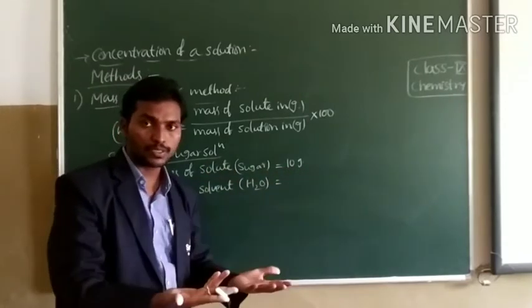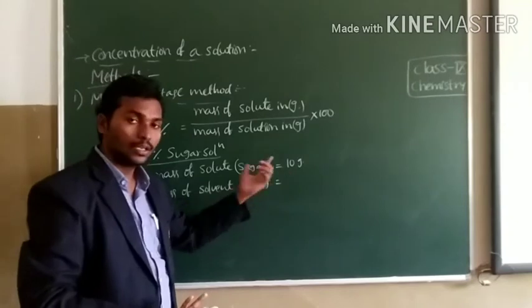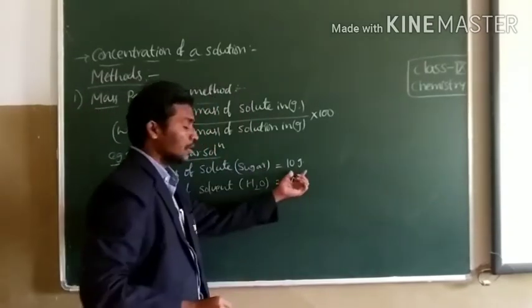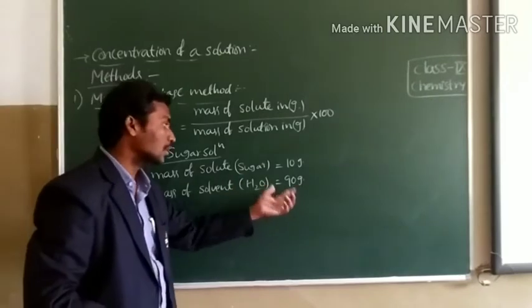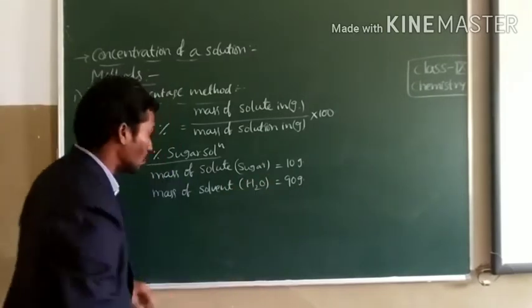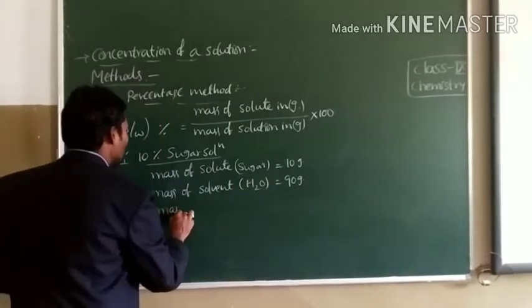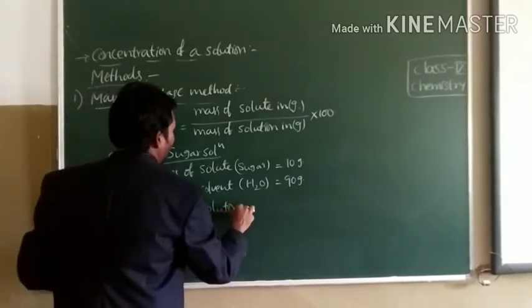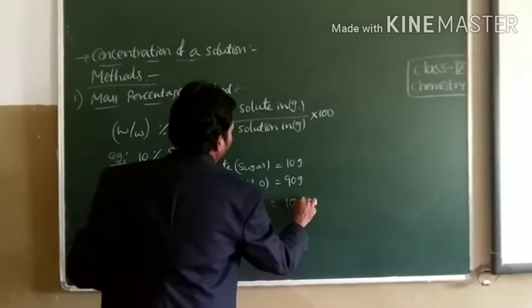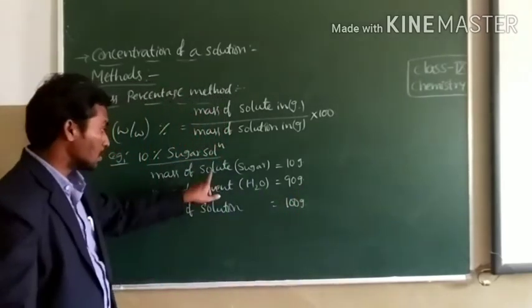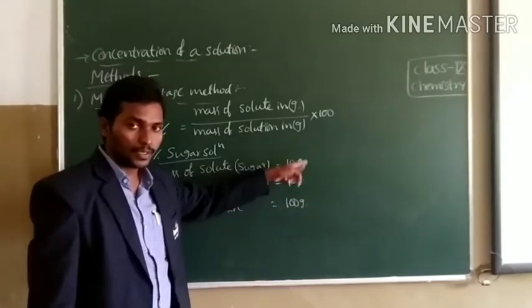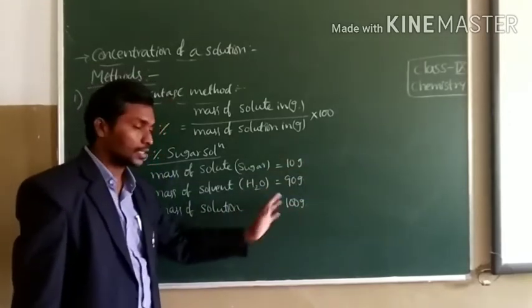Then what will be the mass of the solvent? 90 grams, because when we add them, we get 100 grams mass of the solution. So mass of solute is 10 grams, mass of solvent is 90 grams, because 100 minus 10 is 90 grams, and mass of solution is 100 grams.